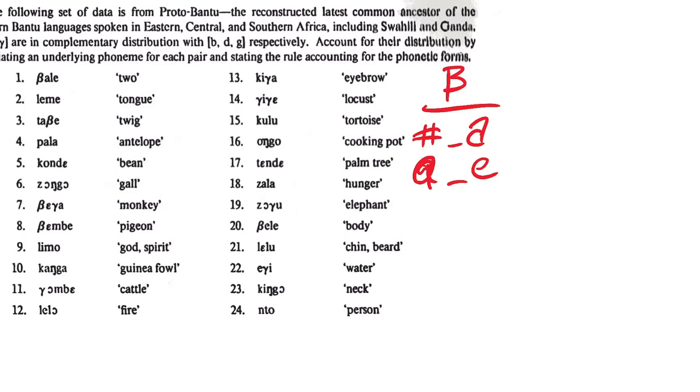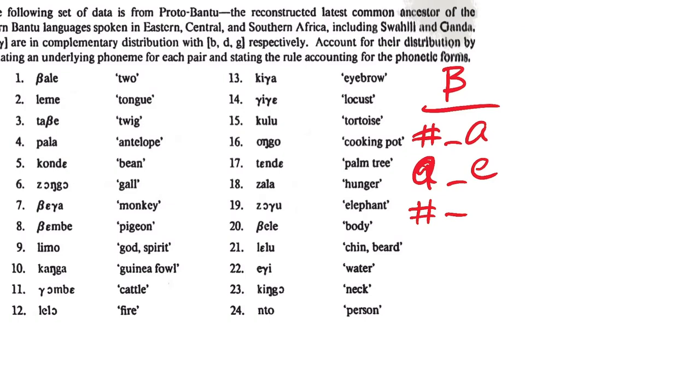Anyways, there we go. I'll draw it this way to be a little more consistent. The next beta is between the start of the word and an, down here in number 7. In number 8, again, start of the word, and we have another. Where's my next beta?